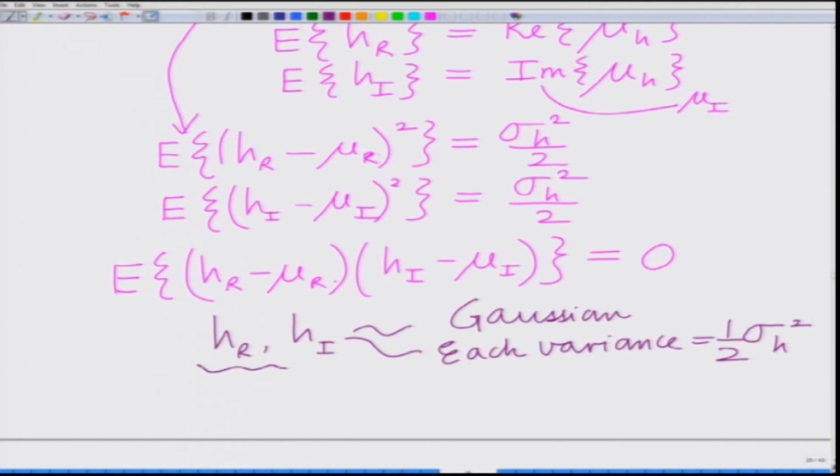And more importantly, since they are Gaussian, uncorrelated also implies that they are independent.